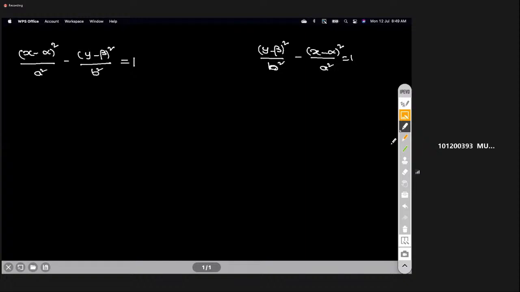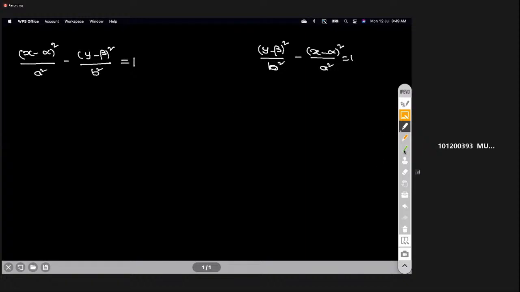Now, x minus alpha whole square by a square minus y minus beta whole square by b square is equal to 1. And the next one is y minus beta whole square by b square minus x minus alpha whole square by a square is equal to 1.